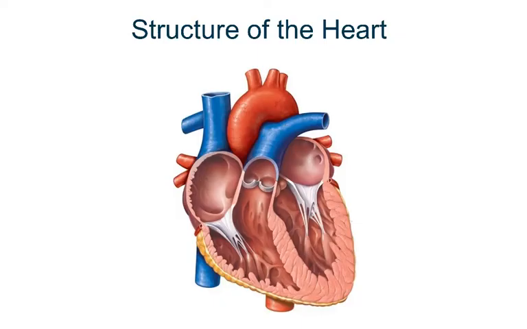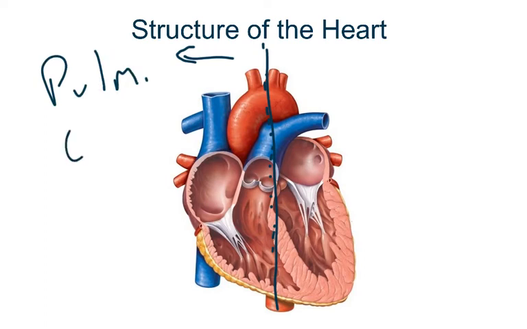Now, let's start looking at the structure of the heart. The heart can be broken down into two quadrants. It can be broken down into what we call the pulmonary and the systematic quadrants, just for purposes here. So, here on the left is the pulmonary quadrant, and here on the right is what we call the systematic quadrant.